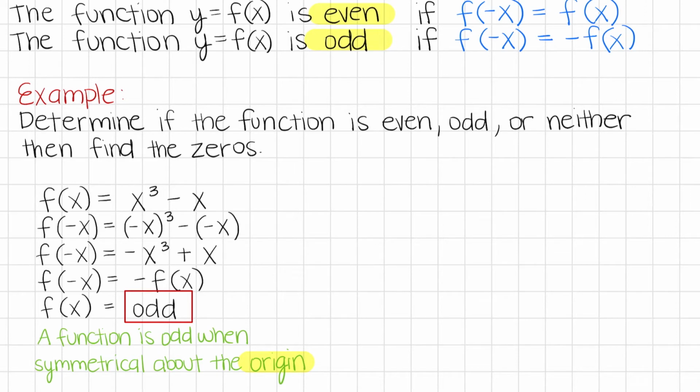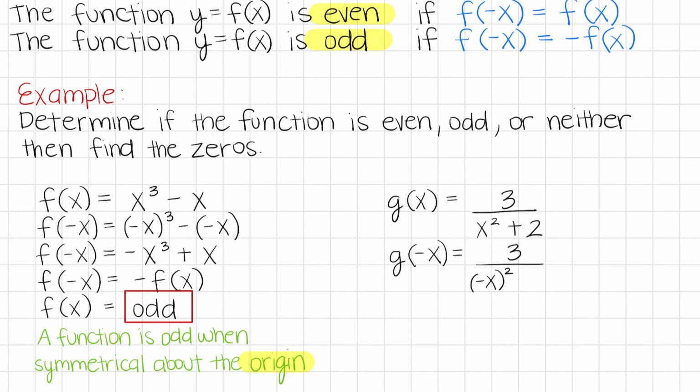We are given the function g of x equals 3 over x squared plus 2. So let's find it at g of negative x. Again, we would just replace any x's with a negative x. So in this case, it's 3 over negative x squared plus 2.